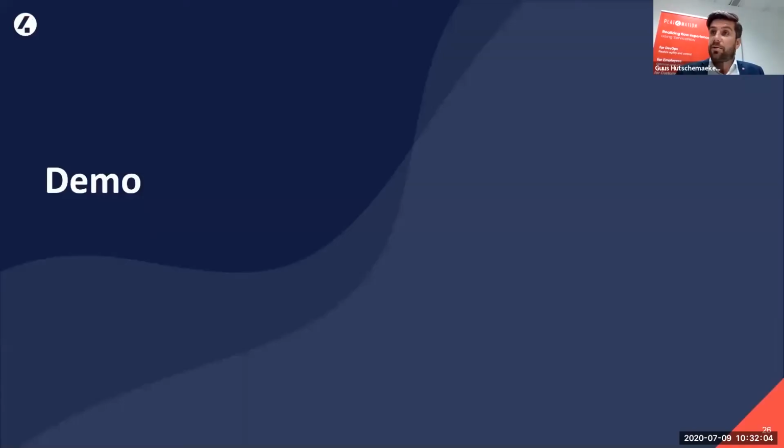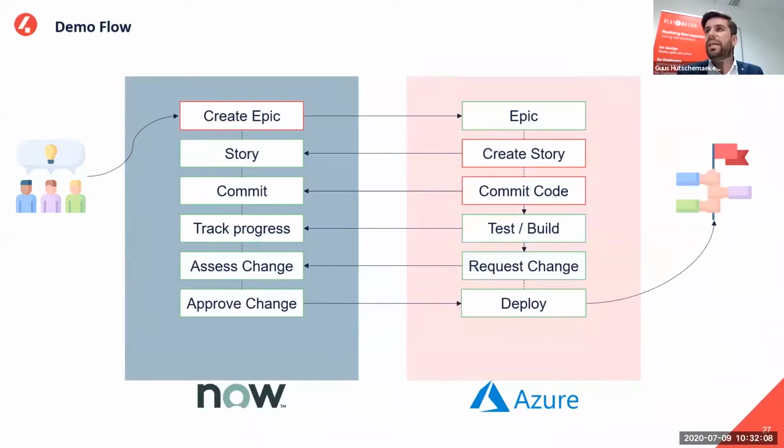So then it's time for the demo. What I will show you briefly is the situation where there might be a team which has an idea. It will create an epic from that in ServiceNow, which will magically show up in Azure Boards. In Azure Boards, that epic can be refined into stories, which will be magically updated in ServiceNow.